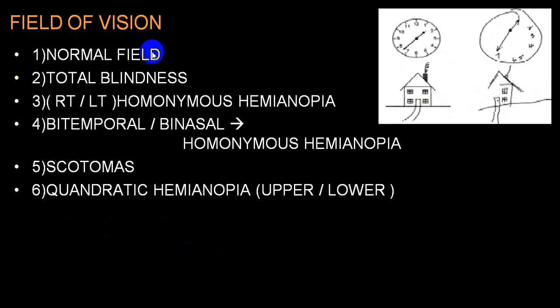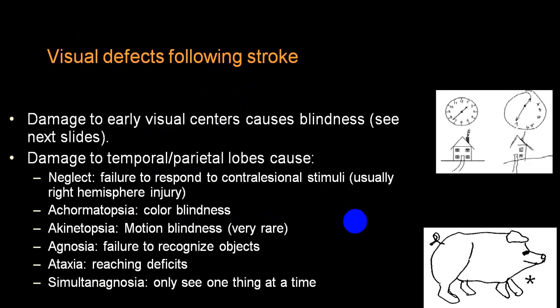So look for normal field, blindness, homonymous hemianopia, bitemporal, binasal, scotomas, quadrantic hemianopias, etc., while checking the field of vision. We'll be dealing in entire detail when we cover the optic nerve pathway and lesions. You can also have a visual field defect because of a stroke, because in stroke you can have damage to the visual pathways.